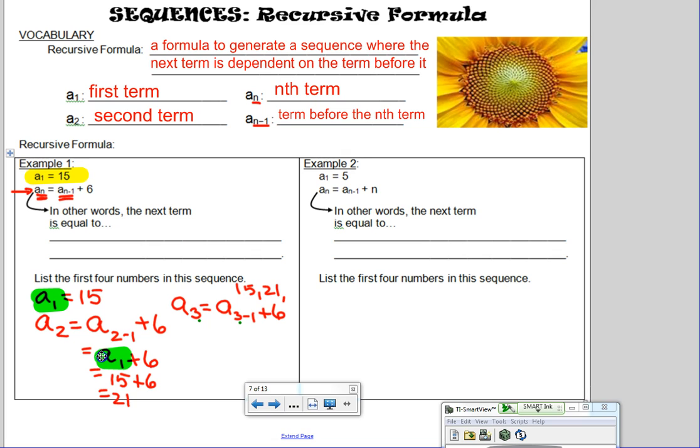Also, please keep in mind that subscripts are not a mathematical operation. So when I simplify that and say A2, that does not mean take the A number and multiply it by 2. That means the second term plus 6 more. And the second term we got over here, A2 is 21. So it's 21 plus 6, which is 27.